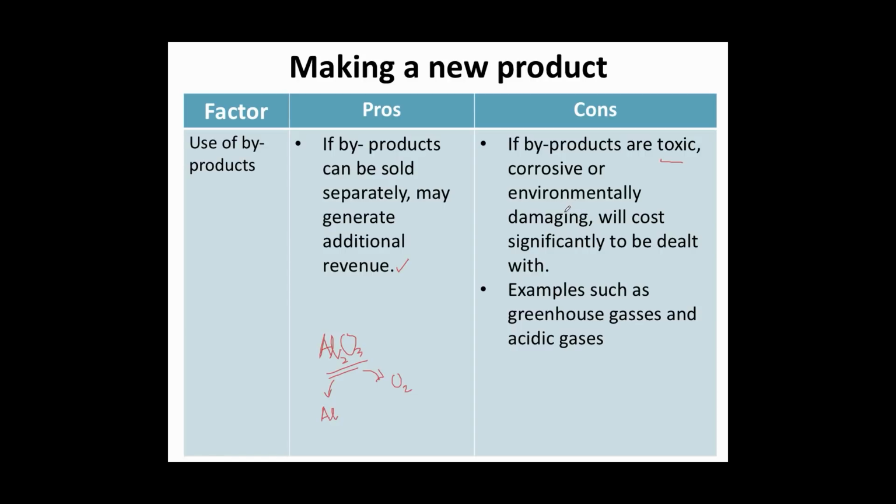So you do then have to think about how you're going to deal with these byproducts. And there has to be a proper way of dealing with it, and that would generally cost money. So you do have to think about it at the design stage. To speak about carbon dioxide again, it is a greenhouse gas, and sulfur dioxide is known as an acidic gas that causes acid rain. So you do have to think about how you are going to deal with it, and you do have to incorporate it into your design.